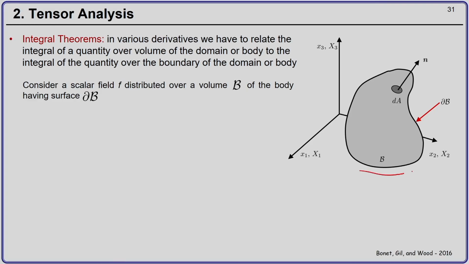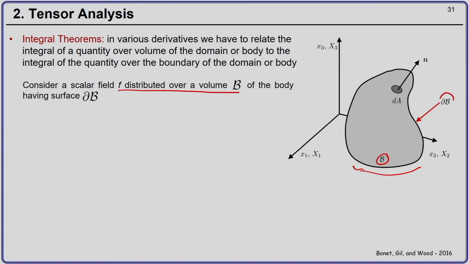Now consider you have this body as shown over here. So, you have a body B and the surface of the body is denoted by del B. Now, consider you have a scalar field F which is distributed over the volume B, maybe like a temperature. Temperature will be distributed over the body, different points of the body may have different temperatures.